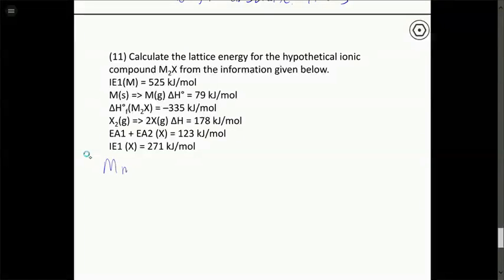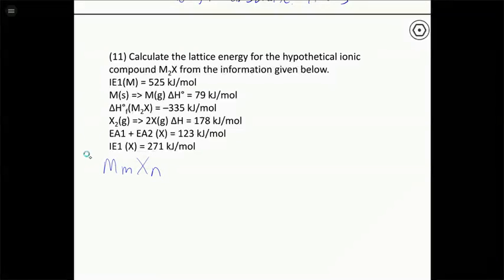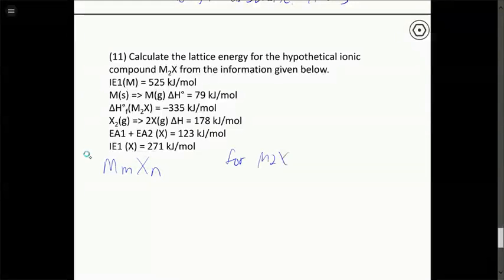So if we have an ionic compound that has this formula, M with some subscript, X with some subscript, for the types of compounds we're going to calculate lattice energy for, these are all either 1s or 2s, so those are really the only 2 values. If we have M2X, which is the compound we're talking about here, that means subscript M is 2, and the subscript N equals 1.